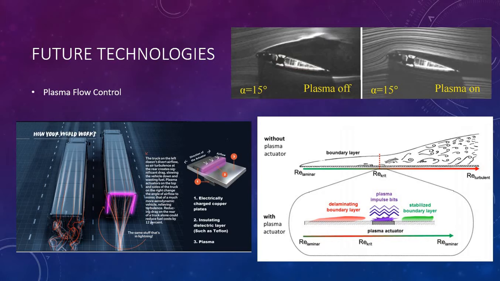The plasma ionizes the air molecules, speeding up the flow, which would keep it attached, reducing turbulence and therefore reducing drag. This would be a technology to be used on hyper performance cars that could be used inside bodywork to manipulate the airflow around the car without having any actual moving parts.